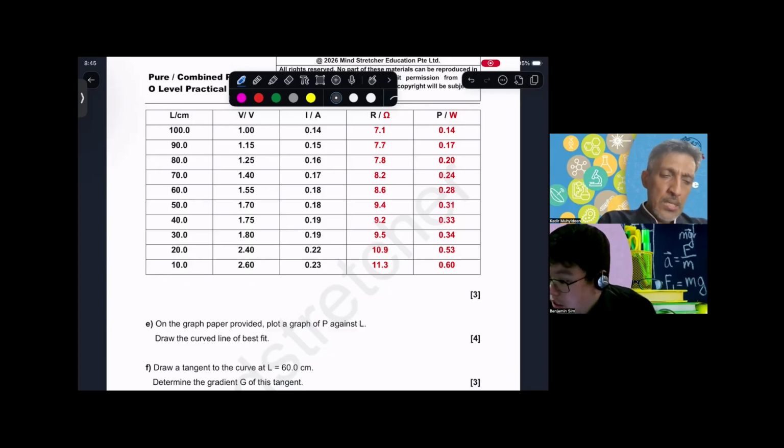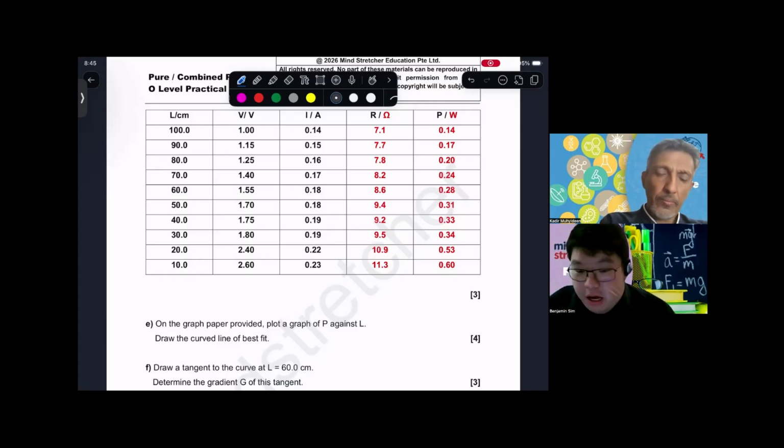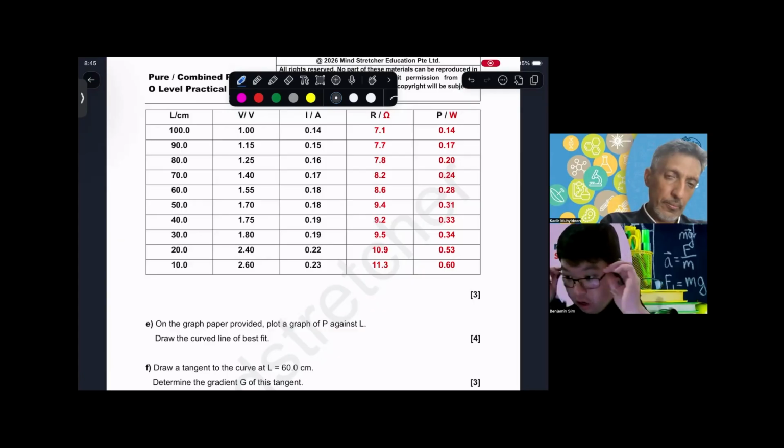Why is the SF for the last two values 3SF, but for the rest is 2SF? Good question. It is just dependent on what numbers you end up getting. Normally you follow the lowest SF, which is 2SF.